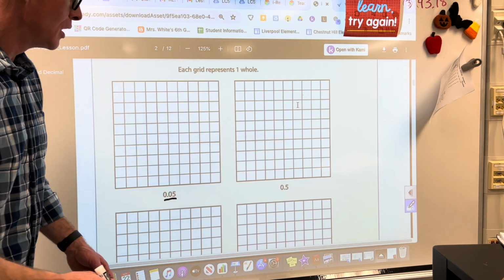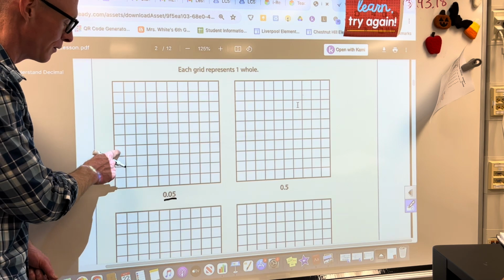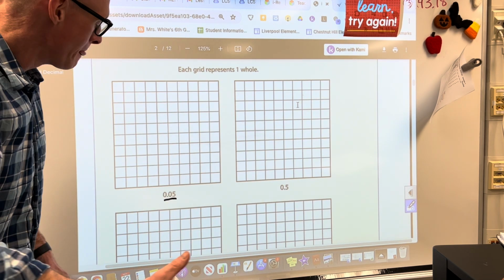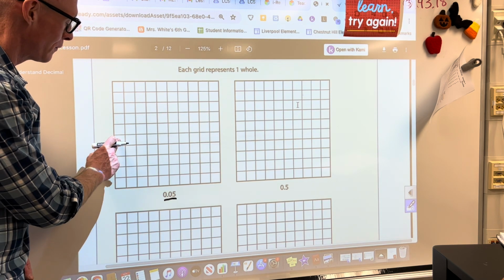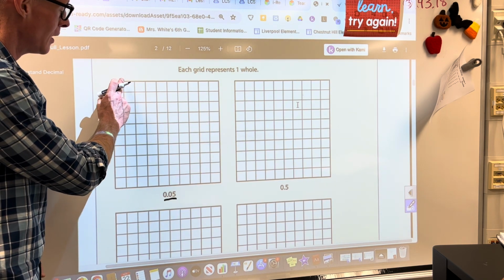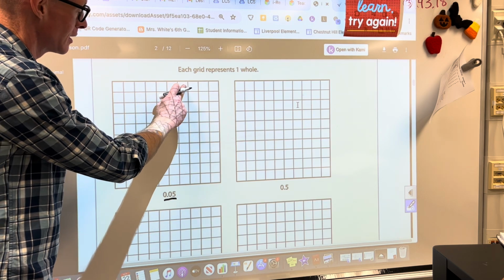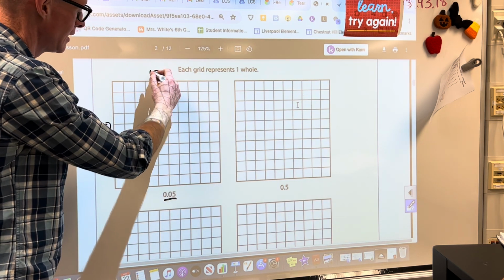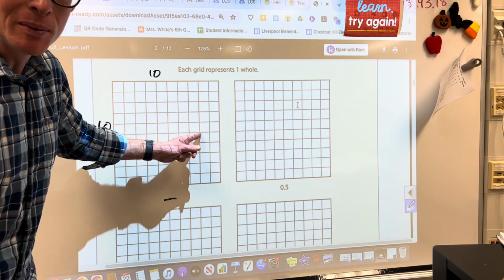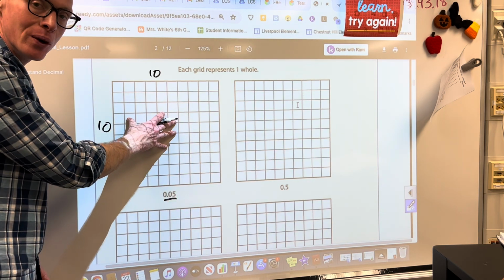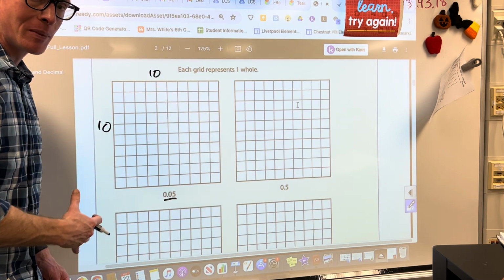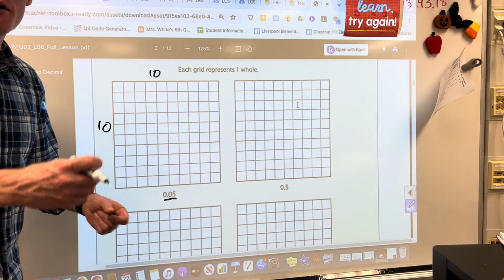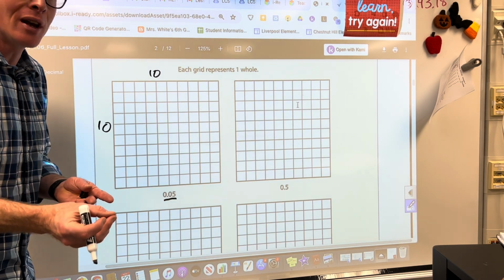5/100ths. So you could count 1, 2, 3, 4, 5, 6, 7, 8, 9, 10, all the way, but I could tell you 10 times 10 tells us that there is going to be 100 of those, if you don't remember from the previous page. 100 cubic units make that up, and we have to fill in 5/100ths of them.